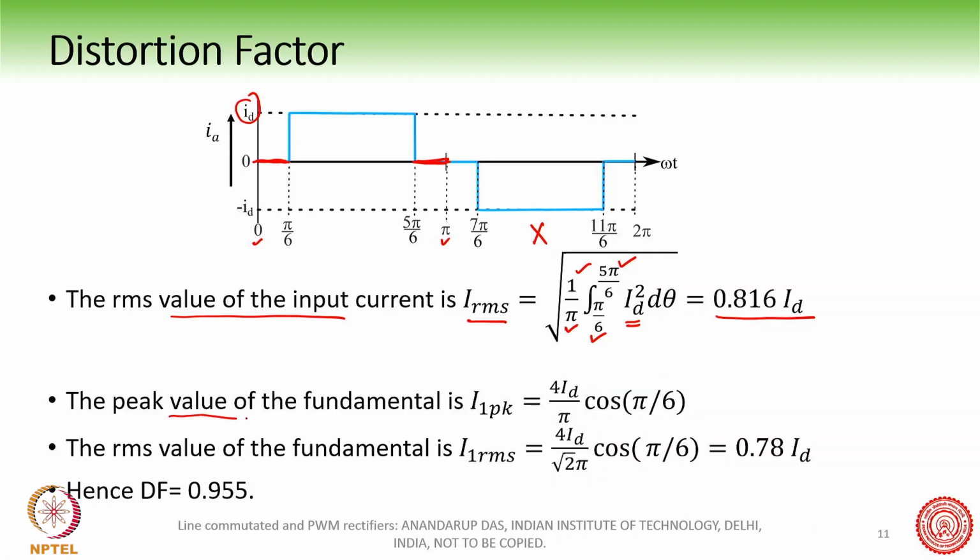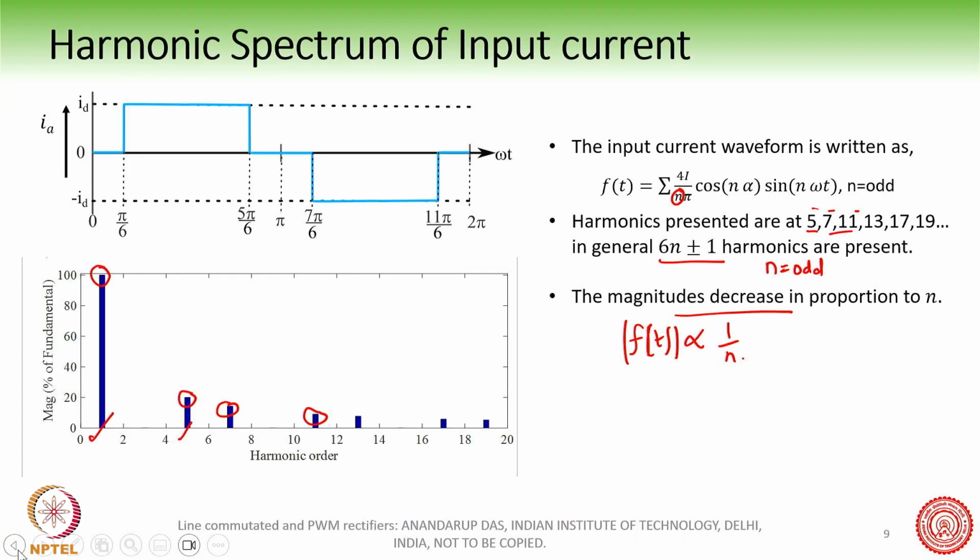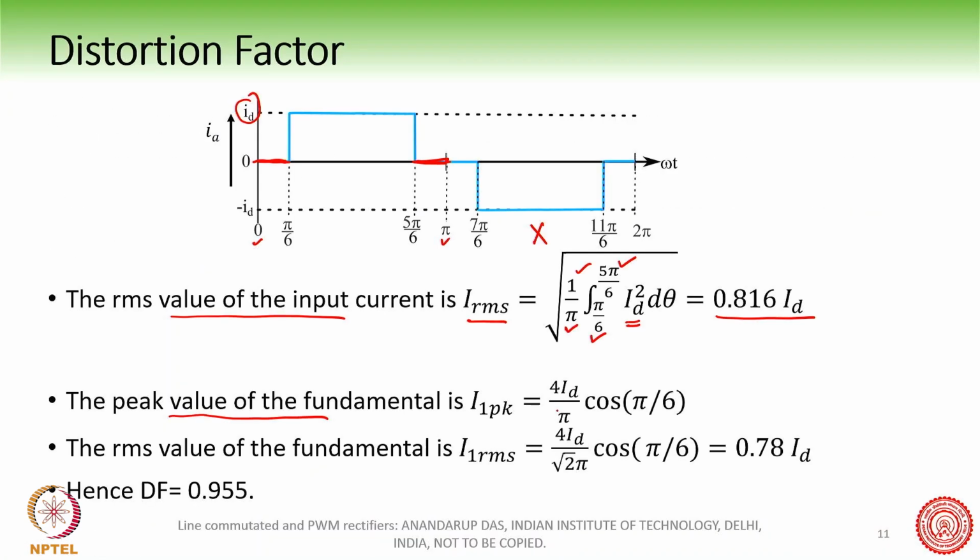What is the peak value of the fundamental? We have seen in the previous slide that this is the fundamental. If I put n equal to 1 in this equation, we get the peak value of the fundamental: 4 Id by pi cos pi by 6.